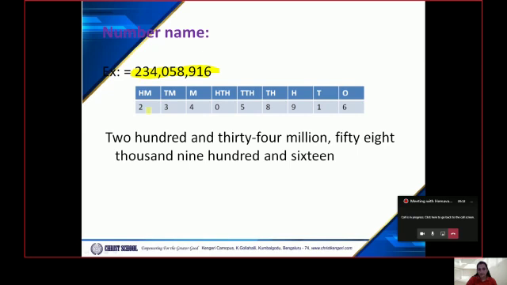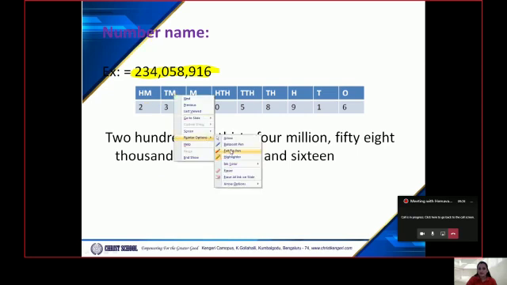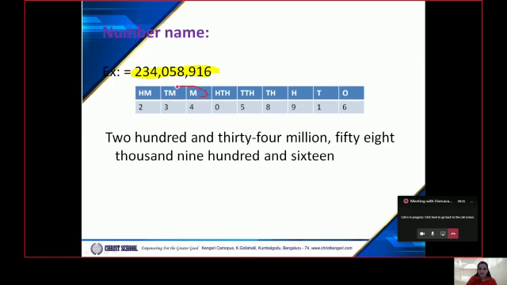Now you can read: just below the 100 million you have 2. Whenever you are reading the number name, you have to take the entire period together. So how many periods do we have here? 3 periods, children: ones period, thousands period and millions period. In the millions period, we have 2, 3 and 4.